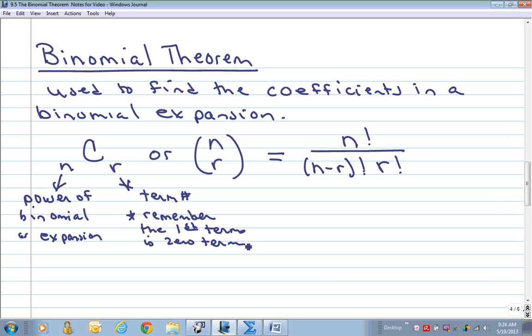So in other words, if it's physically the fifth term, then it's really r equals 4, because the first term was 0. We looked a little bit at that when we talked about sequence and series, whether your lower starting point was at 0 or 1. It made a difference, and we're going to start at 0. So the r will be one less than actually the term number that you're looking for. So anyway, we just have to take a look at that.